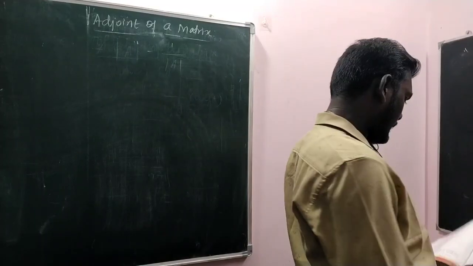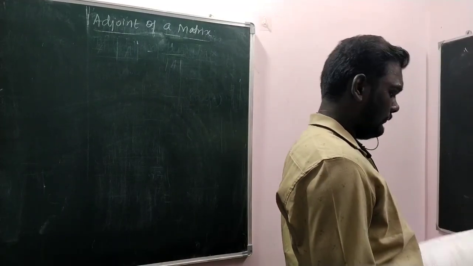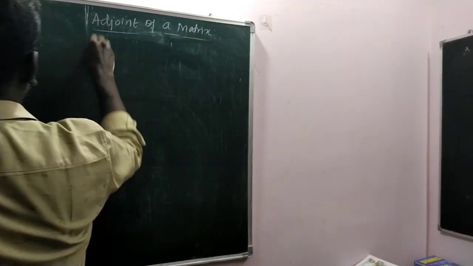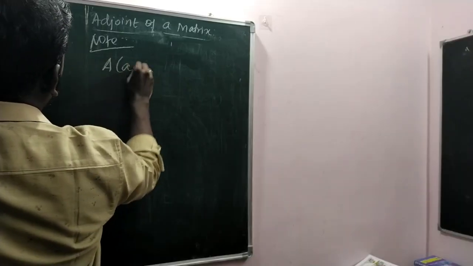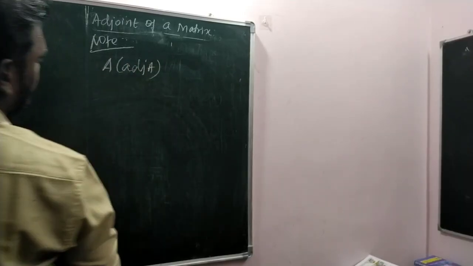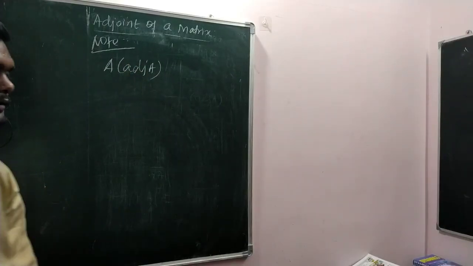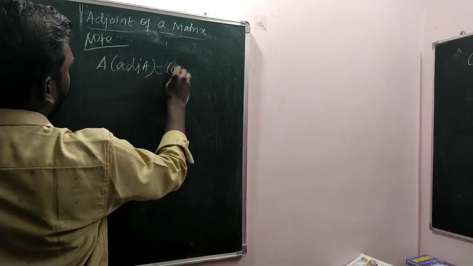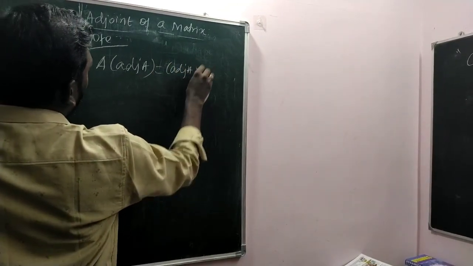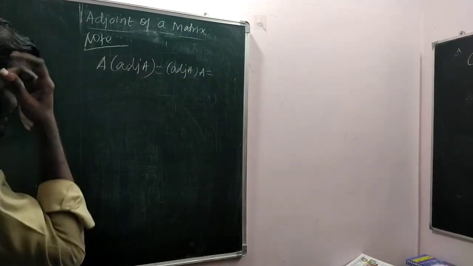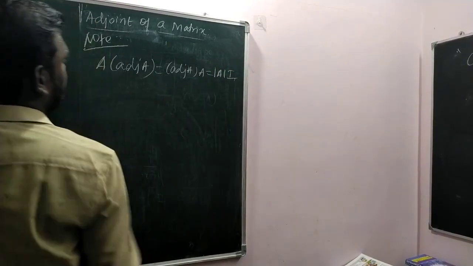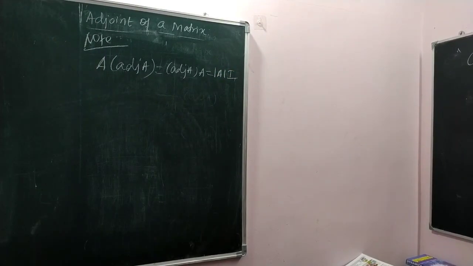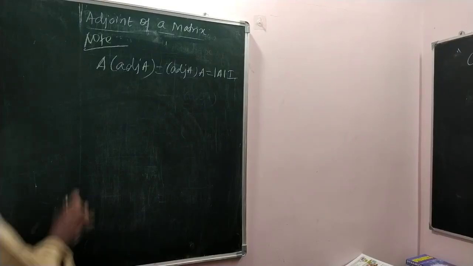We are about to see some more theorems and some more properties. One more property, it is a note or remark: the matrix A into its adjoint, and adjoint of a matrix into that particular matrix, is equal to determinant of A into I. This is one property.